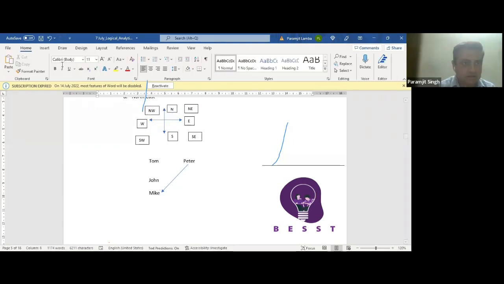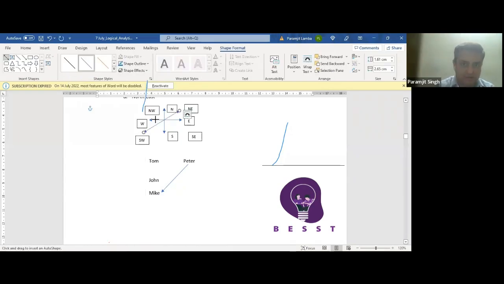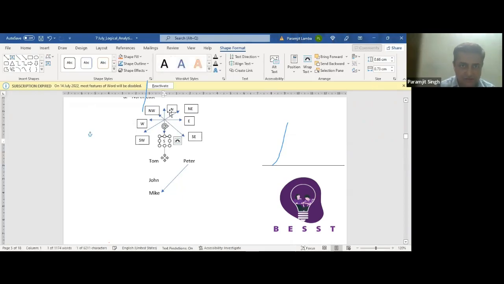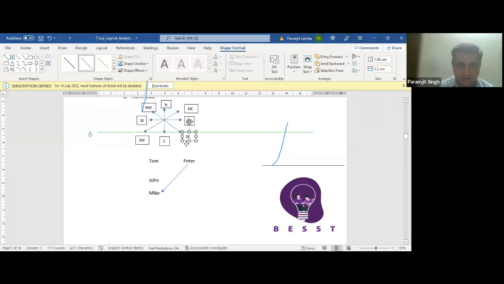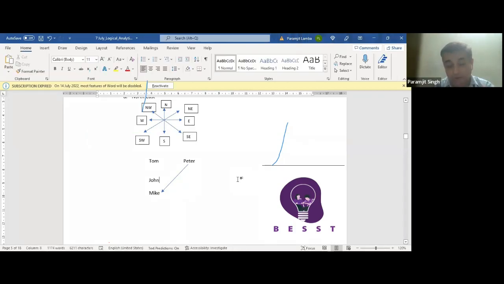And I will just replace this with a double-sided arrow like so. And south I'll move a little towards over here. North I'll move a little here, and we're good to go. Now, are the directions clear with everyone? Okay, good. Please remember, this is important because we are going to be doing more examples related to directions. So you need to know which side is north, which side is east, what is west, what is northeast, what is southwest.